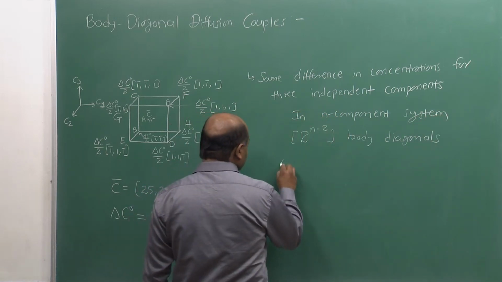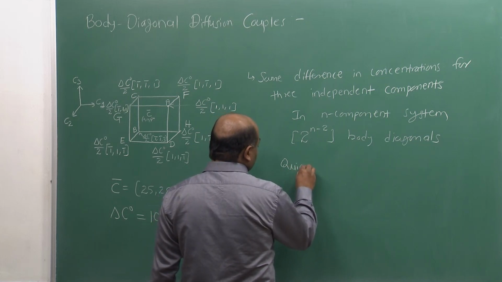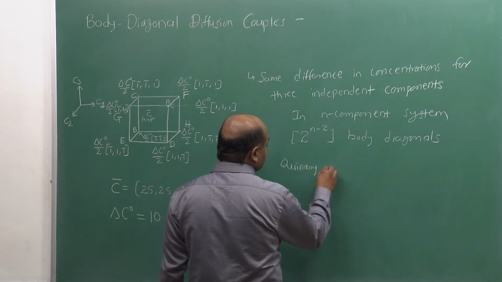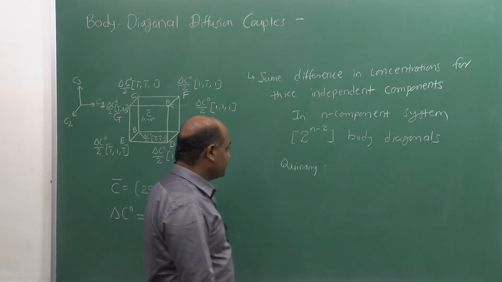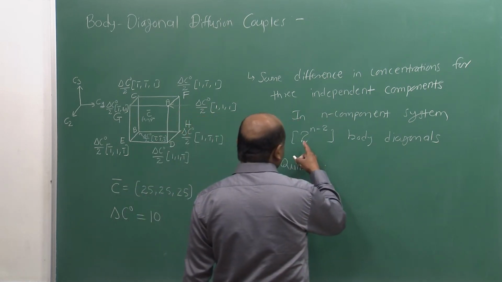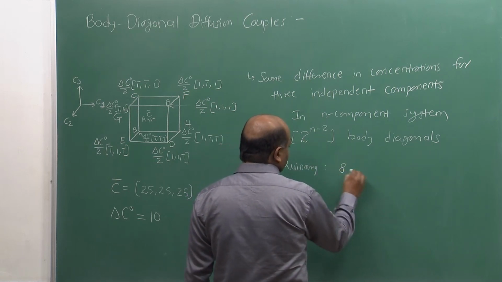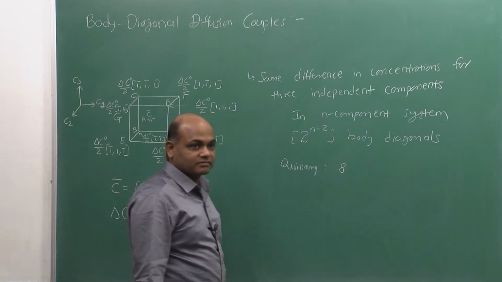So, for example, in quinary, if we imagine a 4-dimensional hypercube, there will be 2 to the power 3, 8 body diagonals.